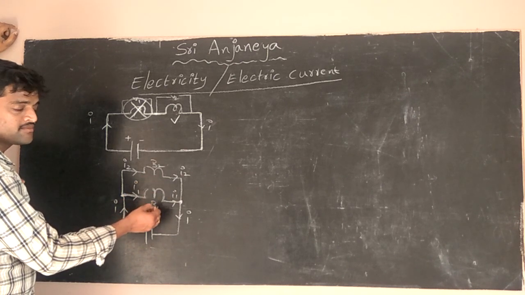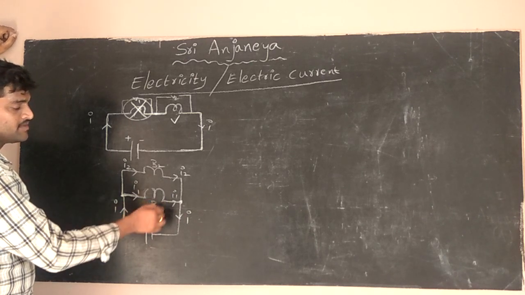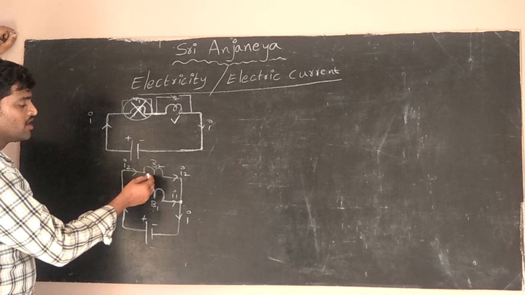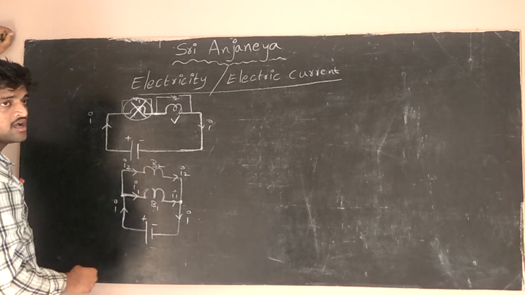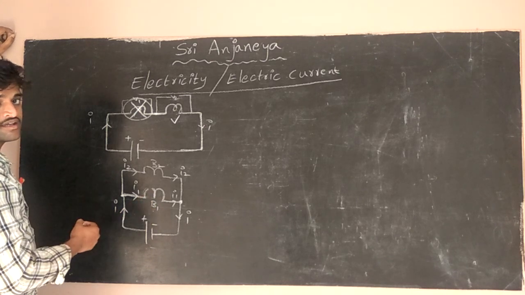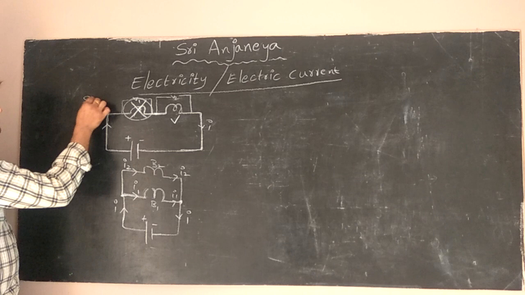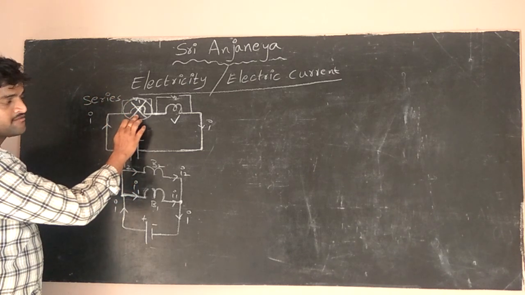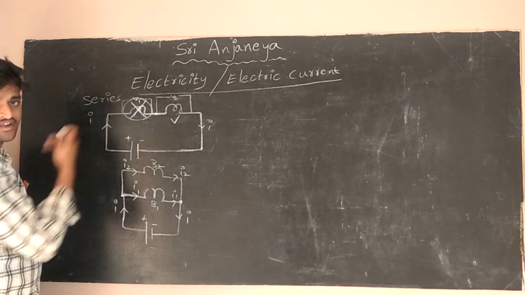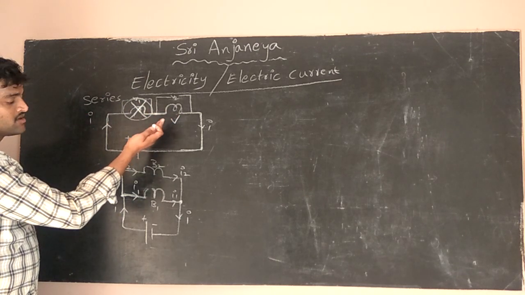The filament in bulb B1 is broken, but bulb B2 will glow independently. It does not depend on the other bulb. In the case of series, we can clearly see that they are dependent: if one bulb does not glow, the other also does not glow.